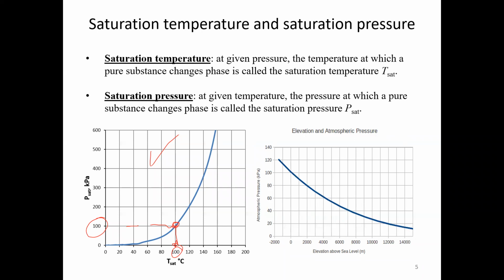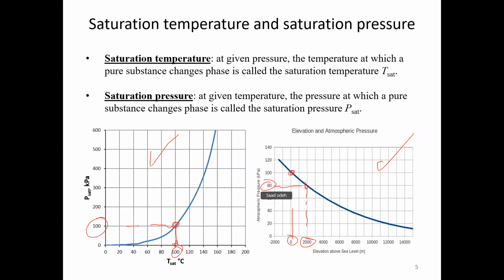Okay. Now, if you go above sea level, what will happen? Look at this graph. This is sea level here. If I go, for example, to a mountain, with a height of, for example, 2,000 meters, what will happen to the pressure? It will decrease, correct.